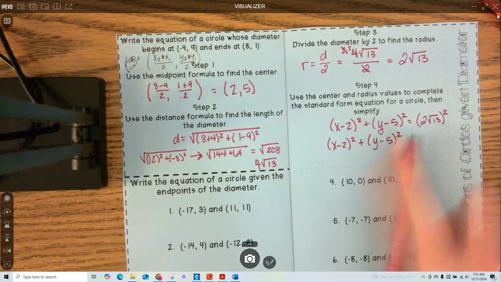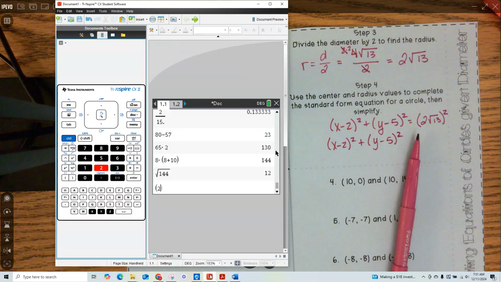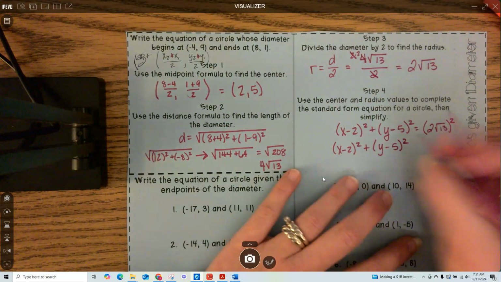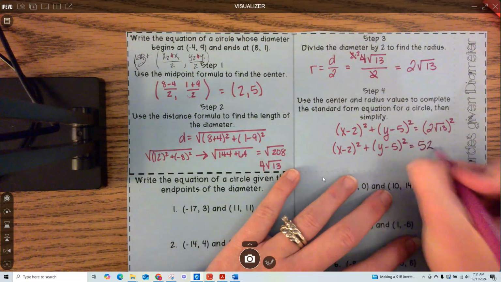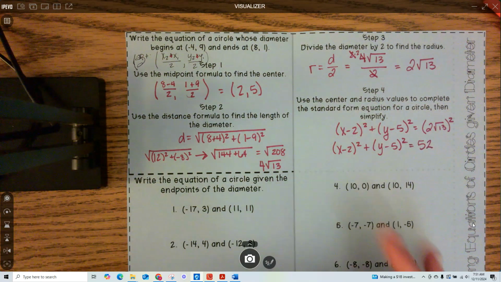If I type 2 times the square root of 13 in my calculator and then square it, it cleans up. Now I can write a nice, pretty 52 there. That's about as tough as they get. It's a lot of pieces.